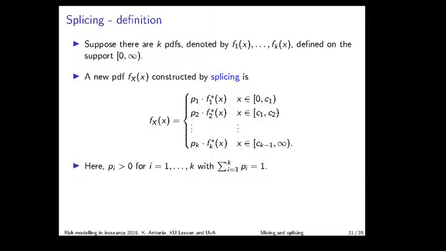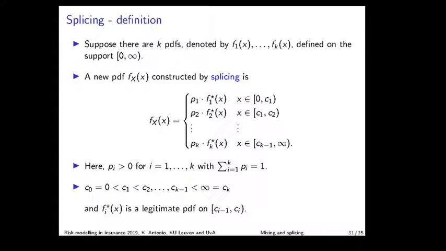On the other hand, the fi stars denote legitimate probability density functions having their support on the interval between c(i-1) and ci. So that means that fi star is defined only on the interval and is 0 outside of this interval. And moreover, all its probability mass should be spread in this interval. So how do we get those fi star densities?